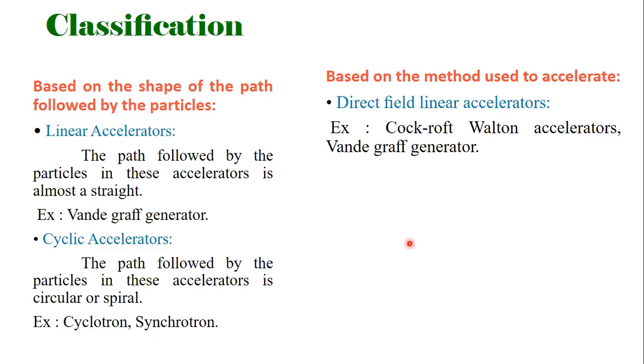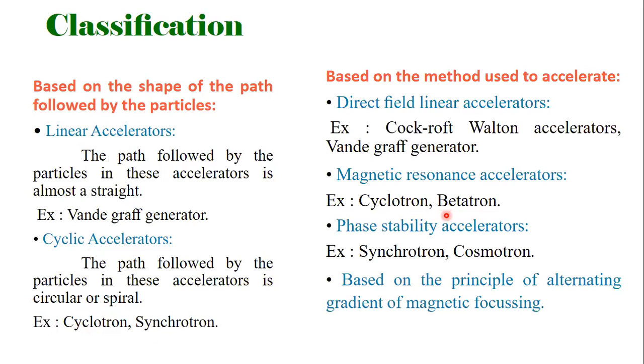Now, based on the second way, that is based on the method used to accelerate the particles, we have different types of accelerators: direct field linear accelerators, magnetic resonance accelerators, phase stability accelerators, and accelerators which work based on the principle of alternating gradient magnetic focusing, depending upon the method.